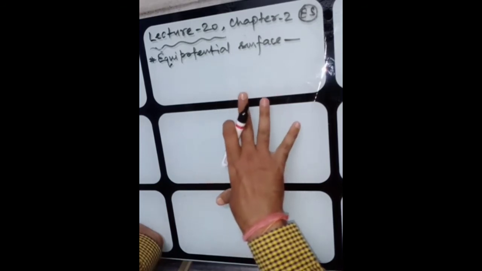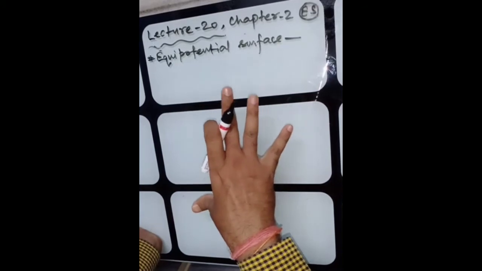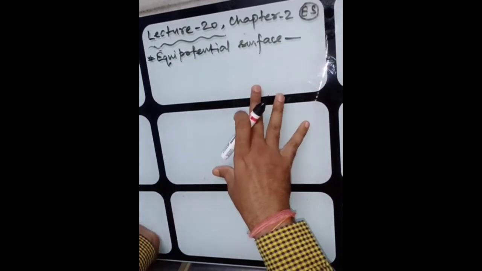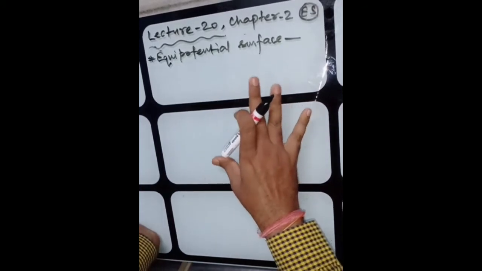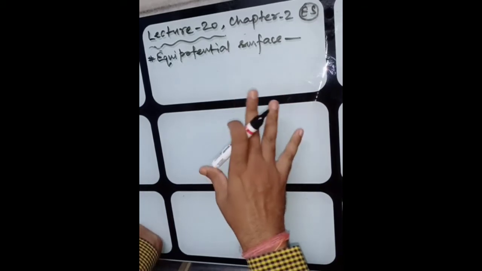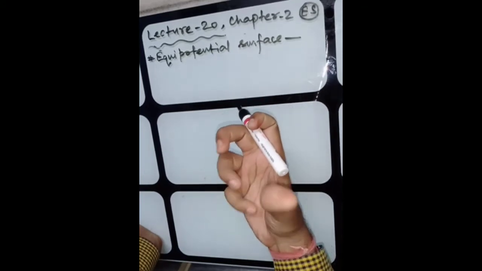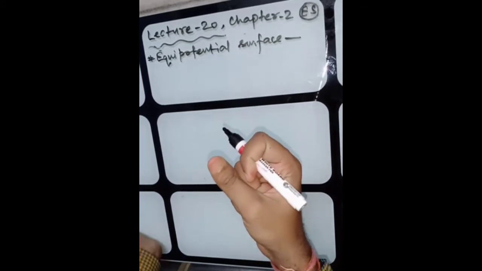Those students who require my assignment can contact me. You can comment at the end of the video, or you can ask your friend to get the assignment. That assignment will show you how much of the concept you have picked up from this lecture.